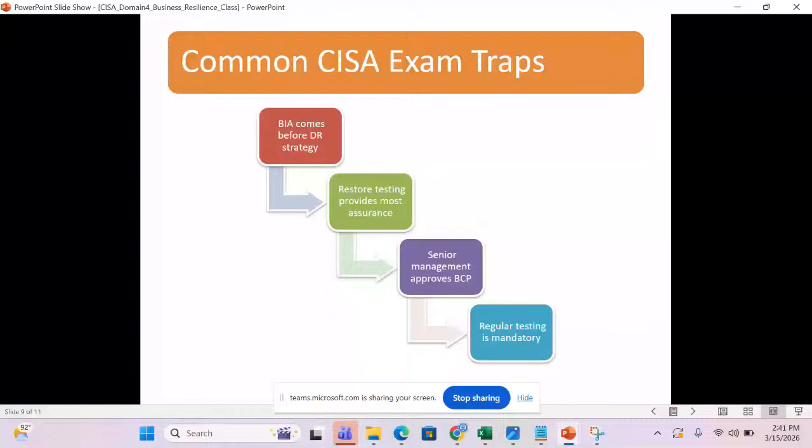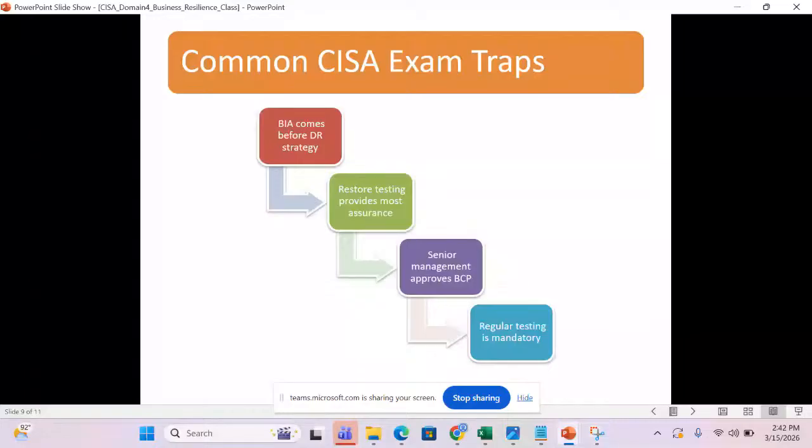It helps you to ensure that your business can actually recover when you have downtime. So as long as you've done your regular testing, then you are good. Regular testing is mandatory for all businesses that want to ensure business resilience.